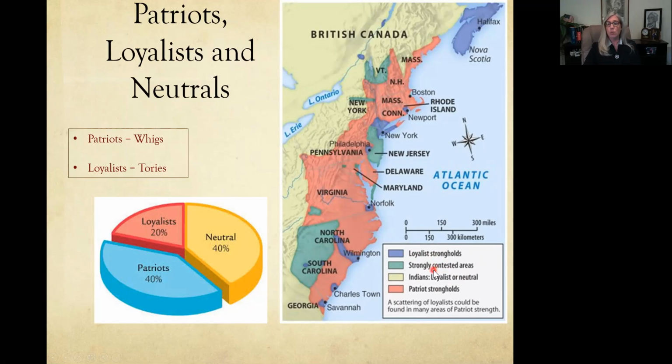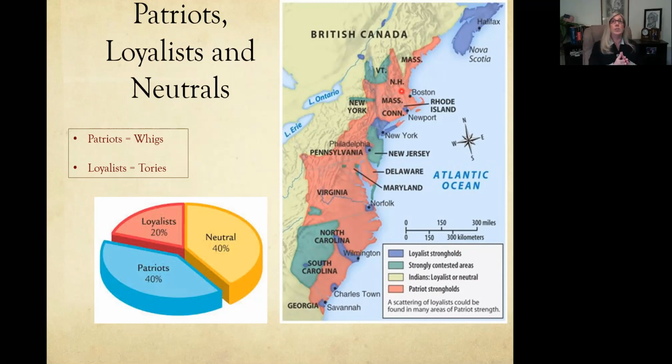The contested areas where they're trying to get people on each side would be in this backcountry region. And then the patriots, we're going to see them on the outskirts of town, and then certainly here in New England because of what has happened with the Boston Massacre and the Coercive Acts after the Boston Tea Party.